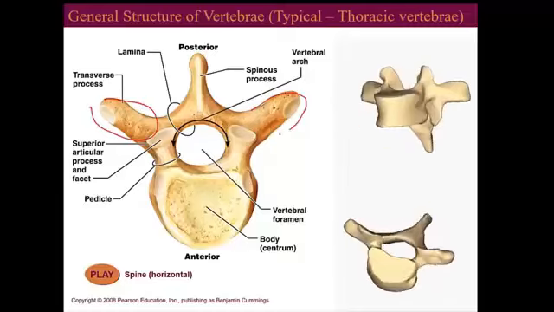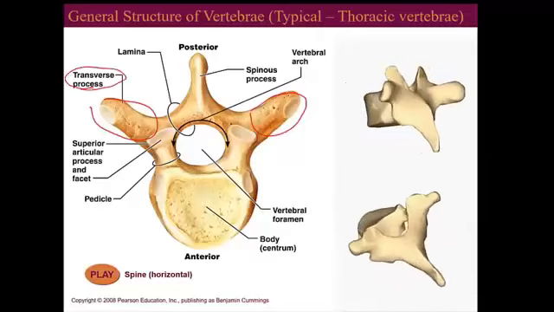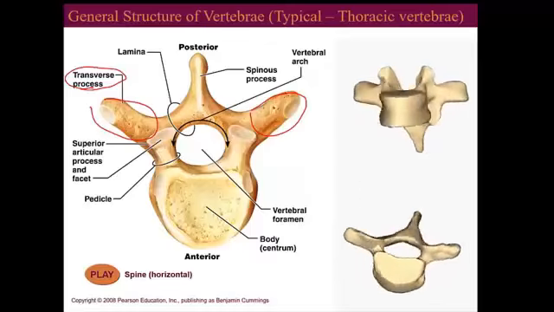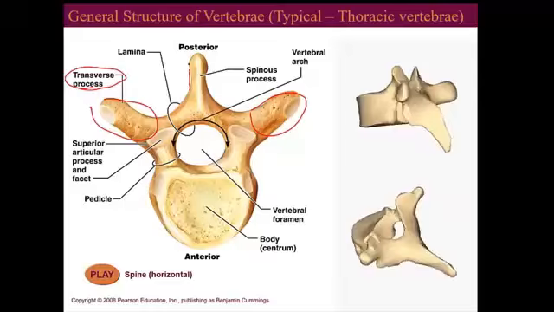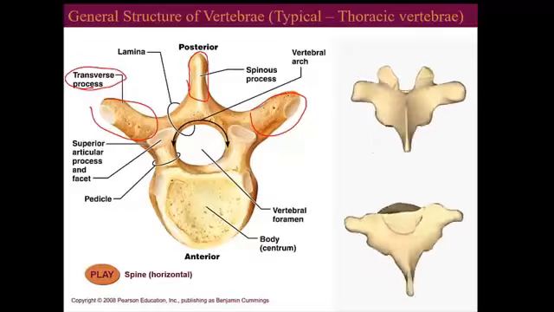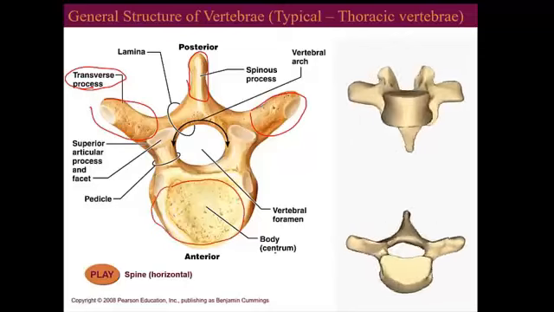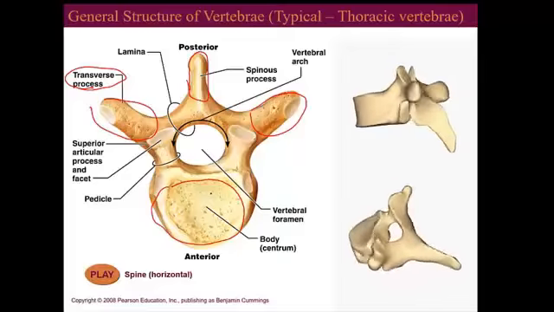Those projections are what we call the transverse process. The one that protrudes to the back, posteriorly, is the projection called the spinous process. And anteriorly is the body, or what we call the centrum. We maintain our center of gravity based on the location of the body, or the centrum.